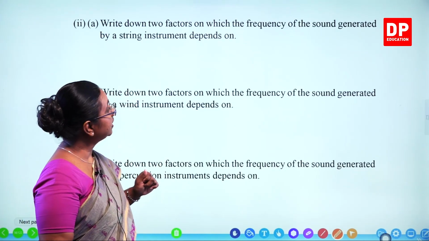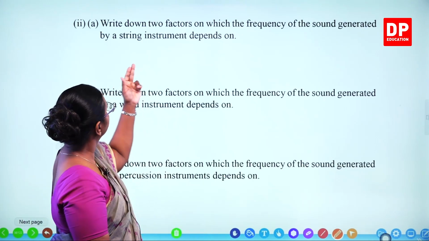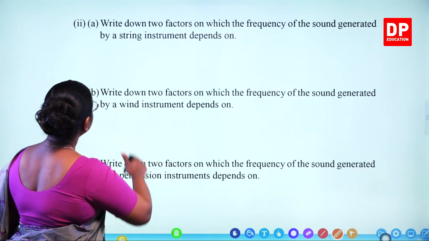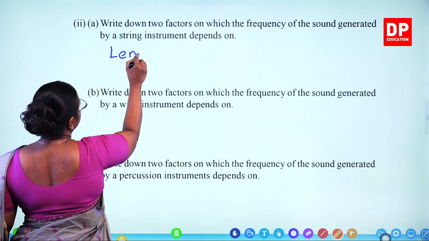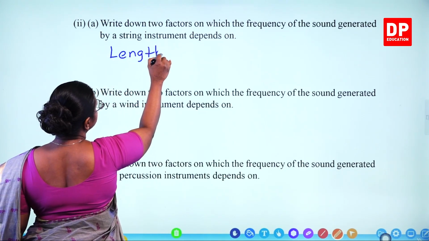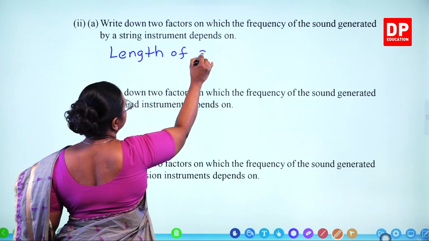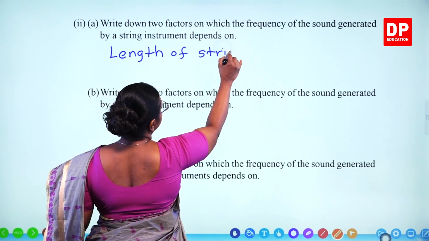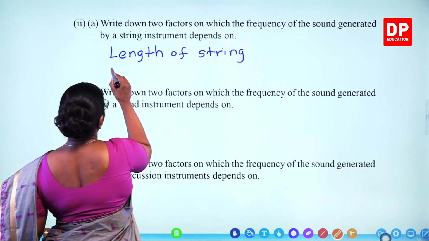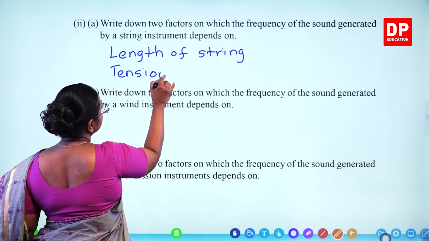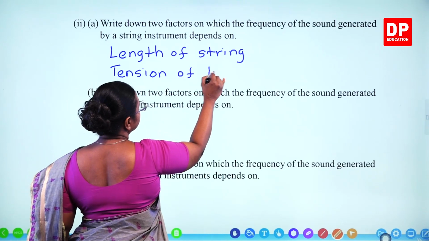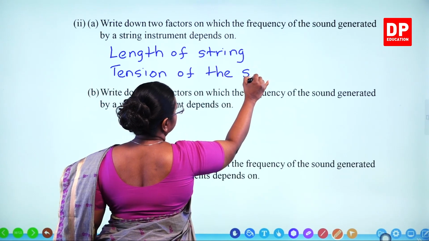So you can write down any two factors. So I will write down the factors as length of string and the tension of the string.